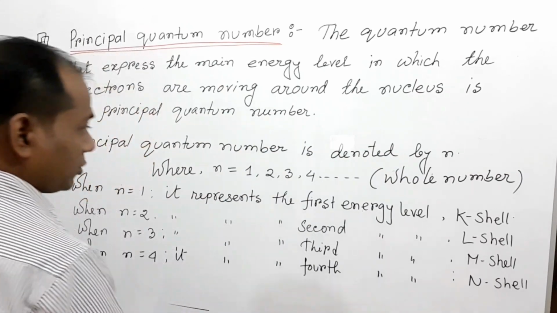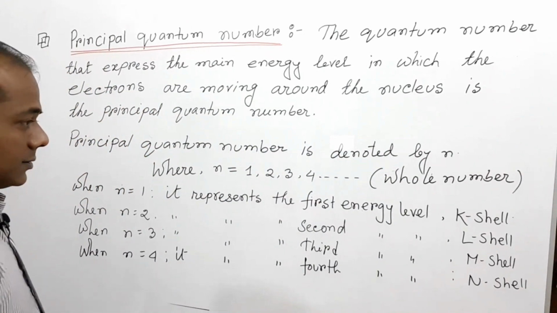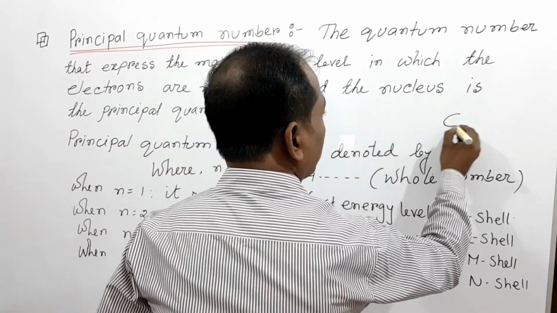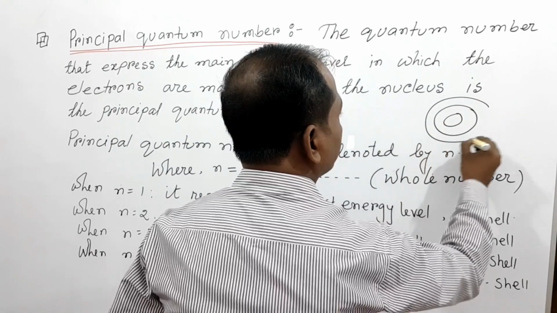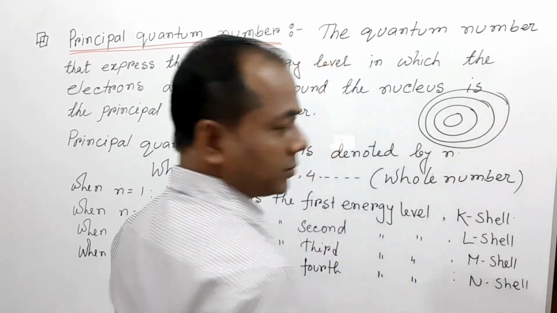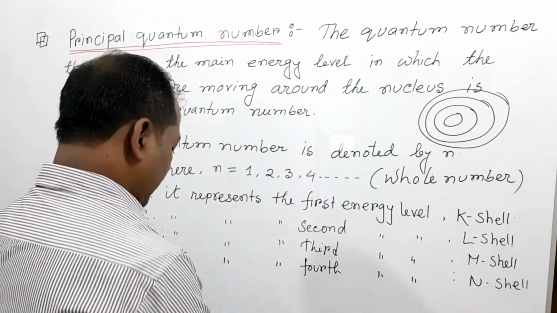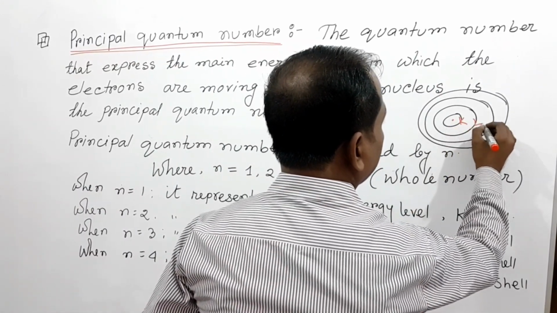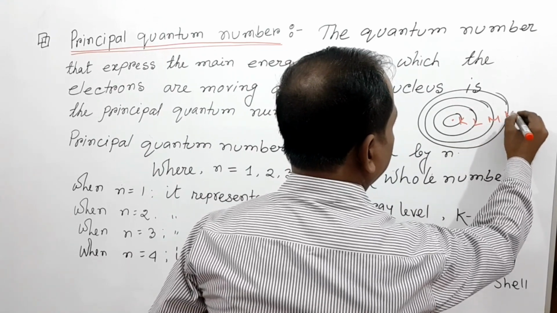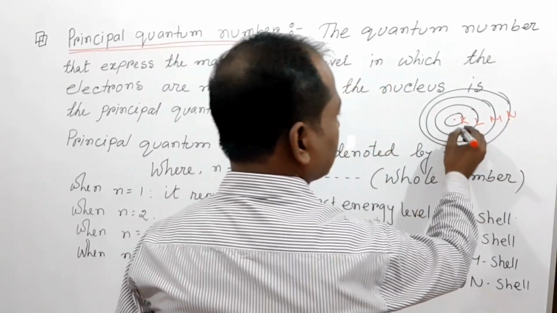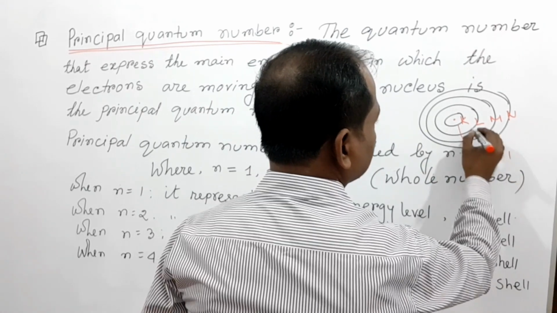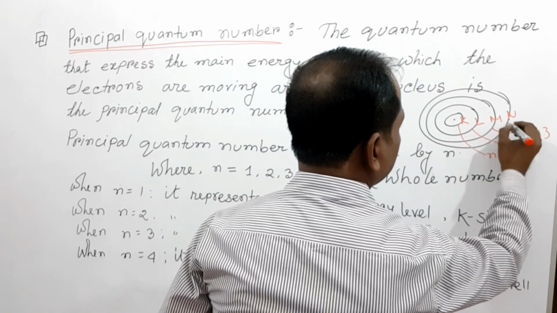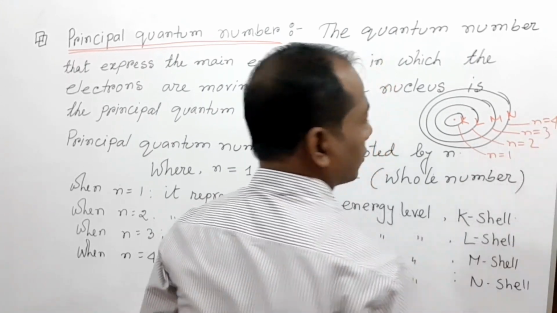So, according to Bohr concept, we get that the energy levels are like this: 1, 2, 3, 4. Okay, and this one for K, L, M, N, and for this case n equals 1, n equals 2, n equals 3, n equals 4.